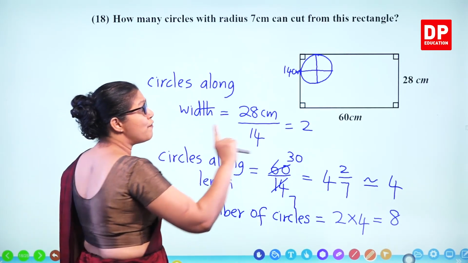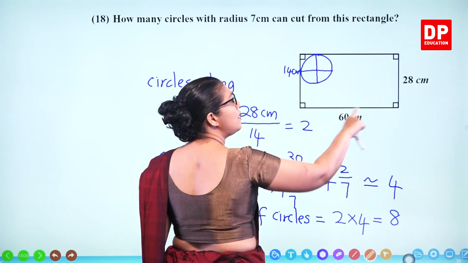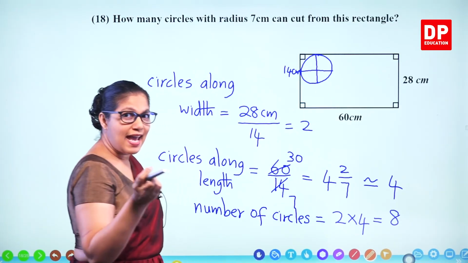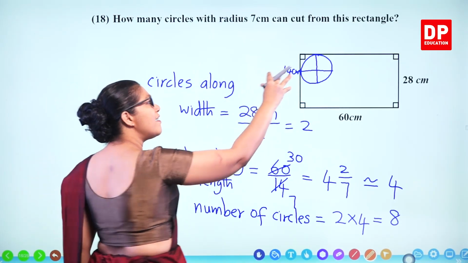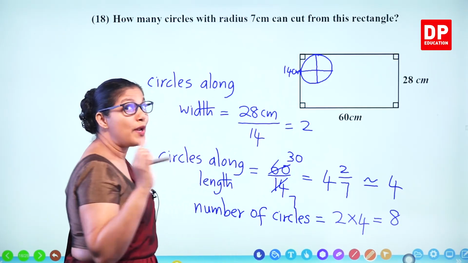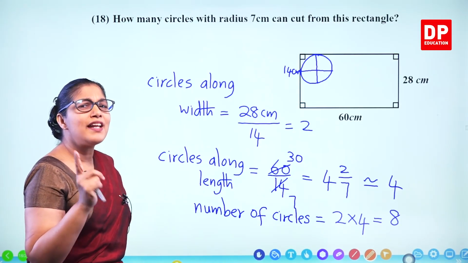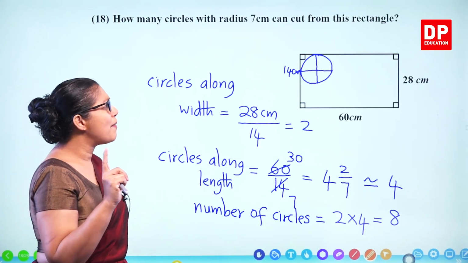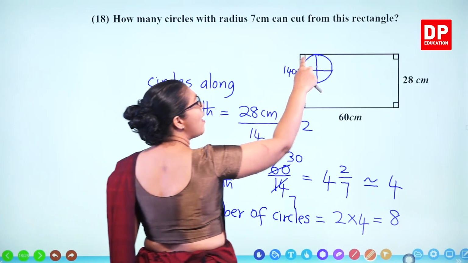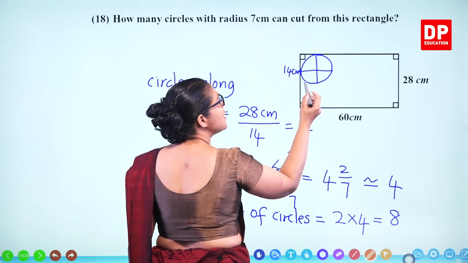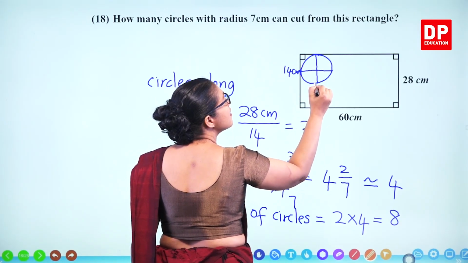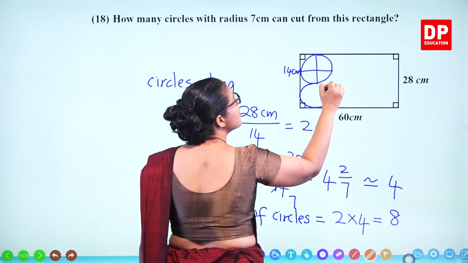Now if you take the whole area of the rectangle and the area of the circle and divide, do you get the same answer? Think about it. When you are cutting, sometimes you get extra spaces.